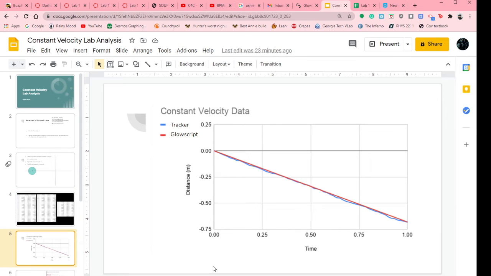This here is a graph of the data points, where blue is Tracker and red is GlowScript. And as you can see, the blue Tracker line is a lot more rocky than the red GlowScript line.